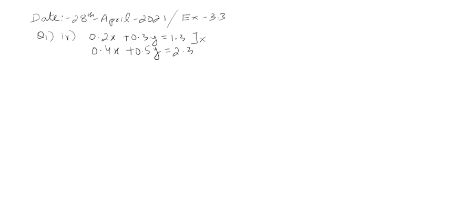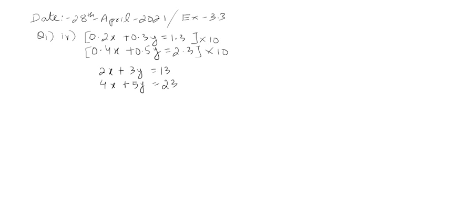10. Very good. So I'll multiply these equations by 10, and I'll write it like this, putting it in a square bracket, which indicates that I am multiplying by 10. If I multiply 0.2 by 10, I get 2x plus 3y equals 13, and 4x plus 5y is equal to 23.